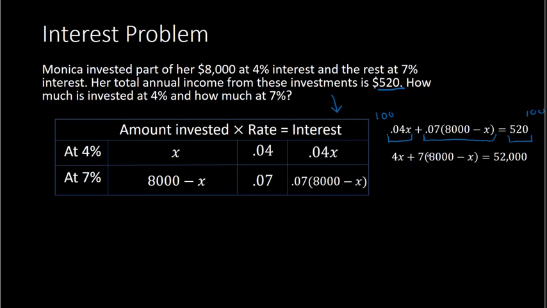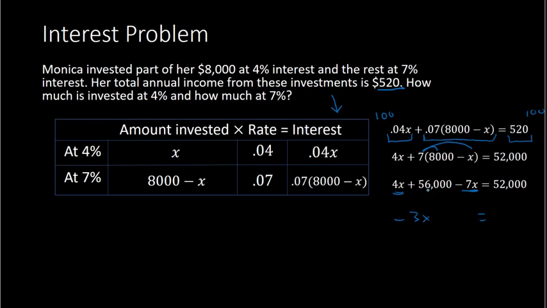Now from here, I can simplify this left side. I can distribute the 7 times 8,000, and 7 times negative x. 7 times 8,000 is 56,000, and 7 times negative x is negative 7x. And then from here, I can combine. So 4x minus 7x gives me negative 3x.